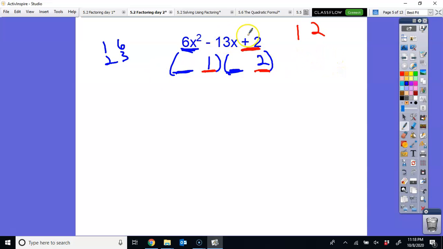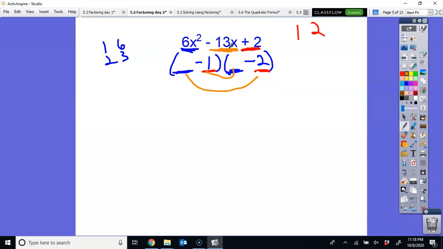I also know, because the last number is positive, remember what I told you, look in the middle, that's going to be minus for both of them, because that's the only way a negative times a negative is a positive, and helps me get the middle negative number as well. But whatever I put here is going to be times -1. Whatever I put here is going to be times -2, but I got to get -13.